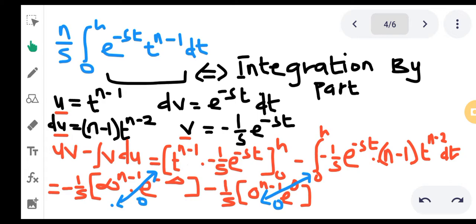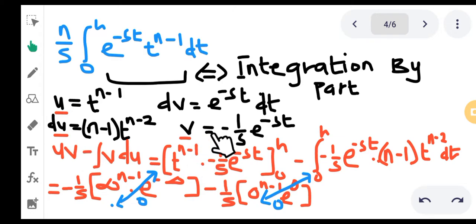So just make a substitution again. My formula is uv minus the integral of v du, that's for integration by parts. So that's what I have done here. My u is t exponent n minus 1.